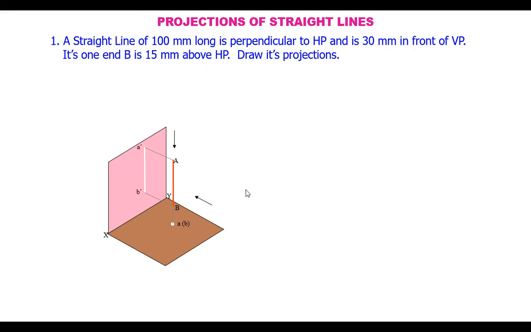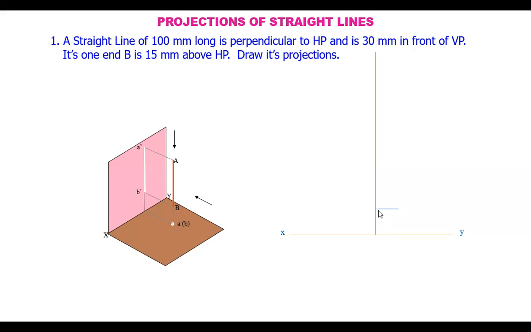Now let us see how to draw this on the drawing sheet. Let's take the reference line XY and draw a line perpendicular to this reference line of some length. At a height of 15 mm from the reference line, mark the point B, since B is 15 mm above HP.